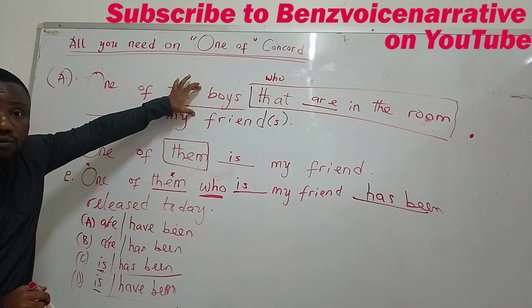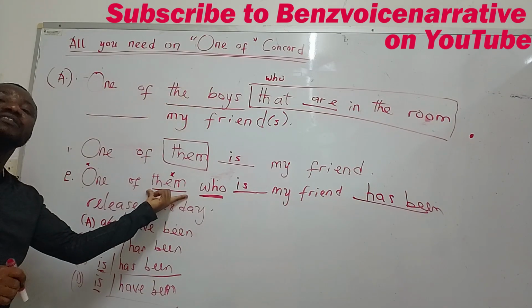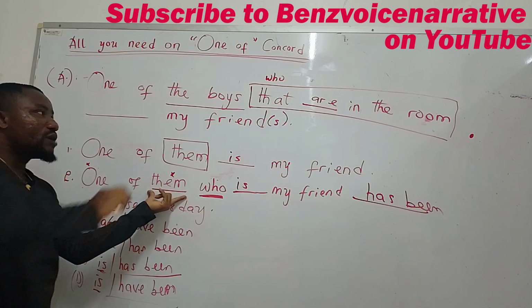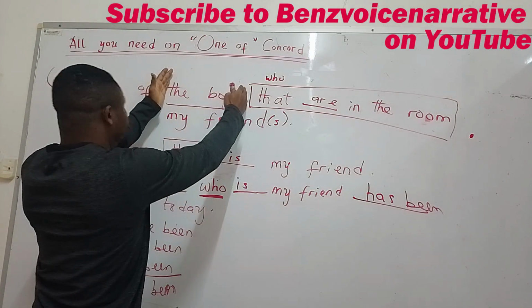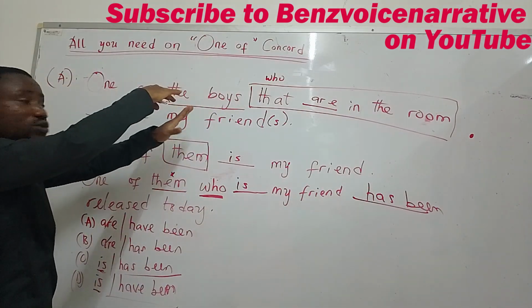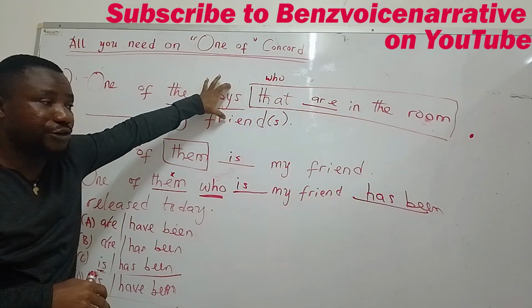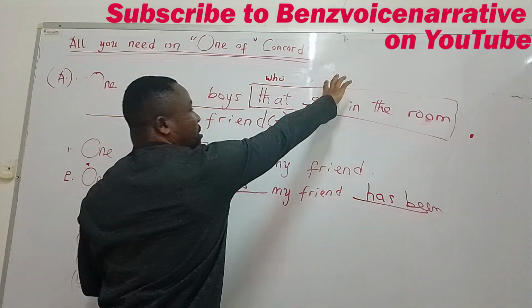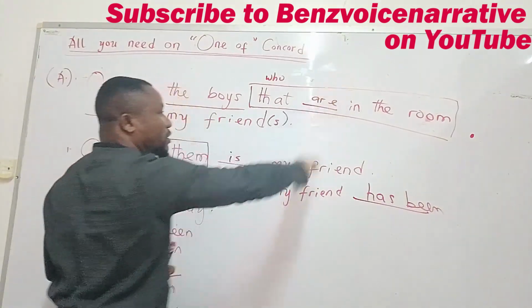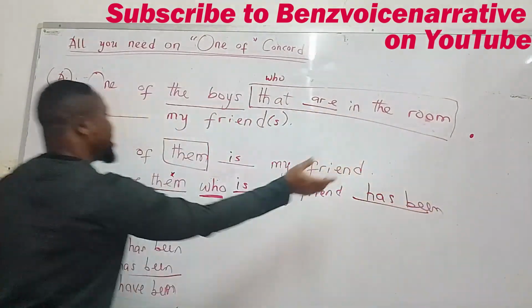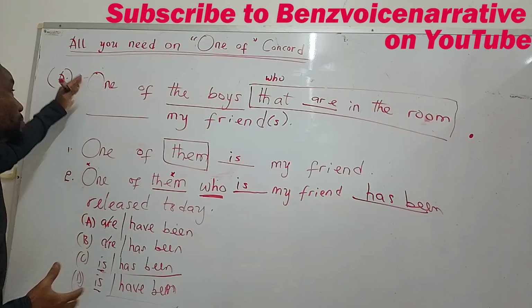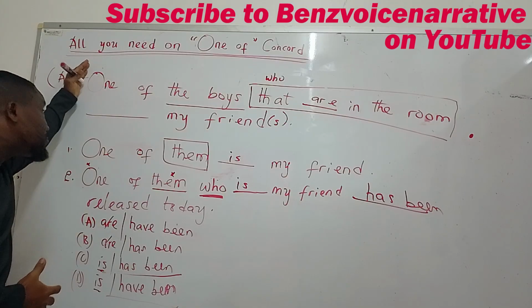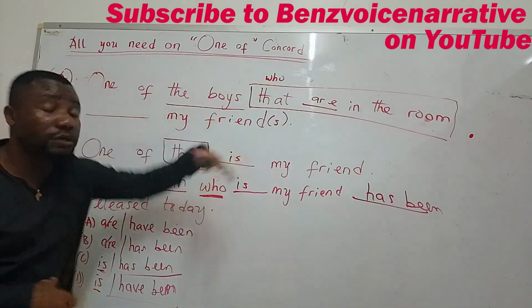This is a noun and this is a pronoun. When you have a noun being the group in the structure of one of concord, then the first verb will always be plural, and the second verb will be controlled by the number. If the number is plural, then the second verb is plural.